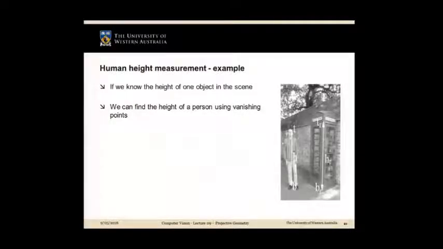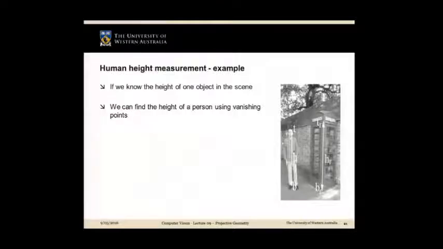Now, let's take an example of human height measurement. If we know the height of one object in the scene, we can find the height of a person using vanishing points. Right, so we have been discussing vanishing points and vanishing lines. Here comes their application. Let's say we already know the height of the telephone booth.